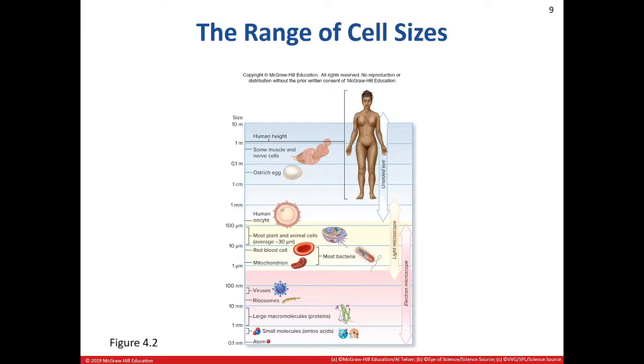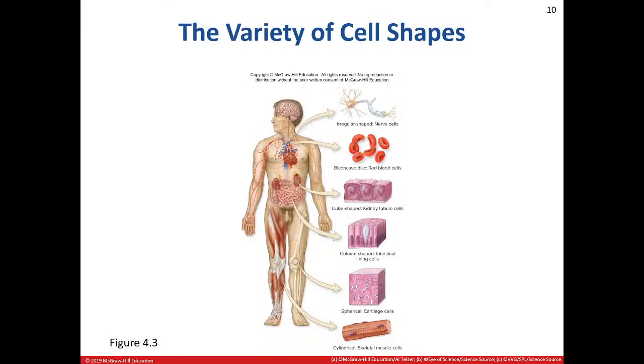All right, you can see the range of cell sizes here. Okay, I'm just going to move on. You can see the different types of shapes. Red blood cells have a biconcave disc shape. They look like a disc that's concave on two sides. Kind of looks like a raft, in my opinion.